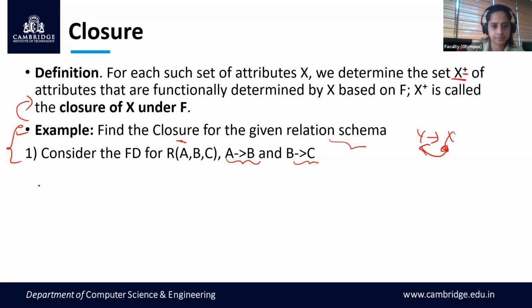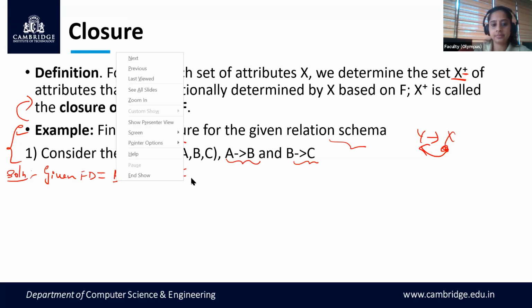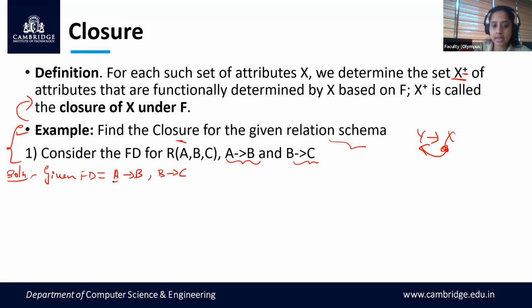So let me check it. Simple one. I have just taken a simple one. What is the given FD? Solution. The given FDs are A determines B and B determines C. For any kind of closure, I will start taking from the left side. I always take the closure of the left side attribute because that itself derives the other attribute on the right side.